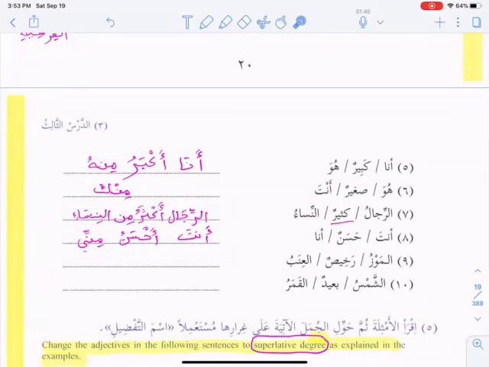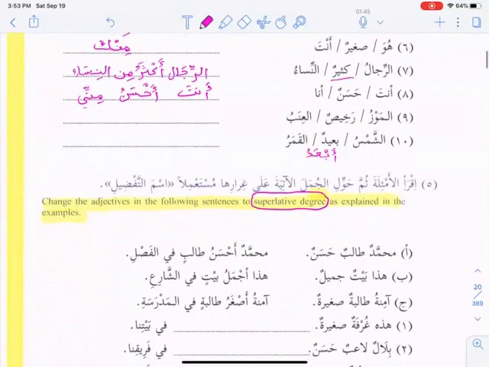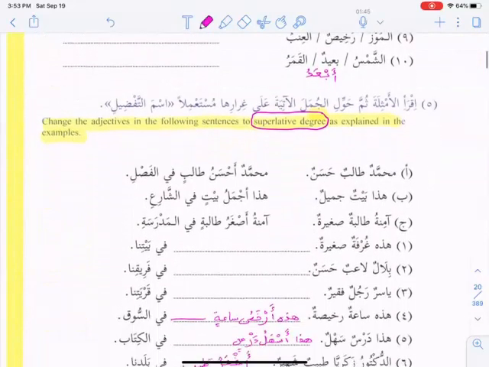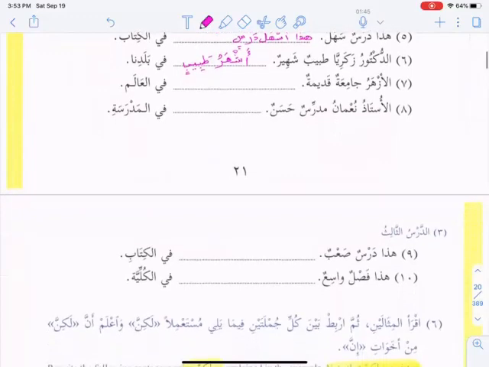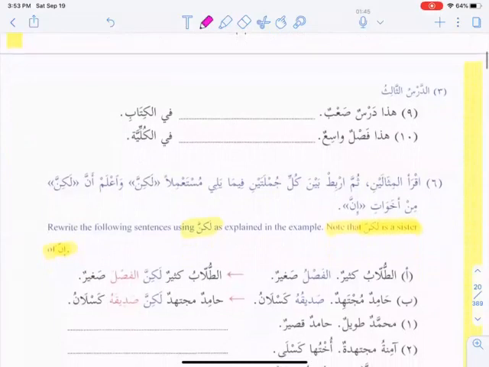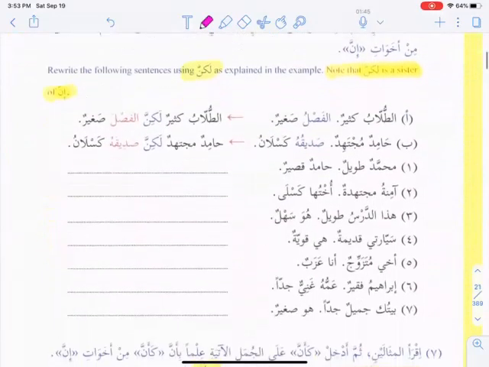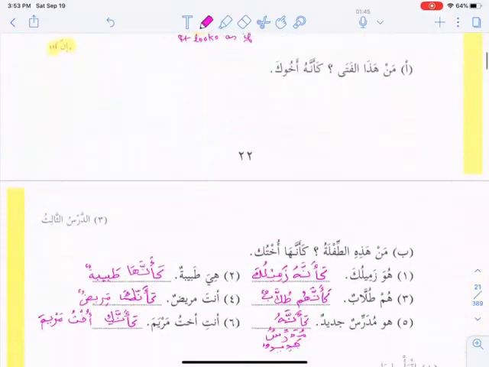Ashamsu abadu min al-kamari. So inshallah you'll figure out. Now here is superlative degree.